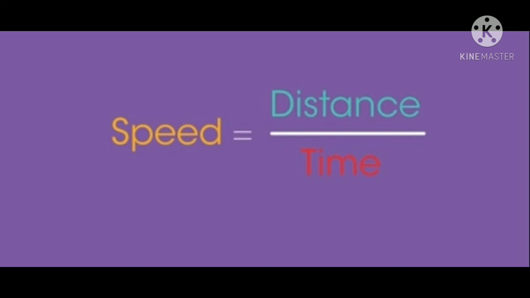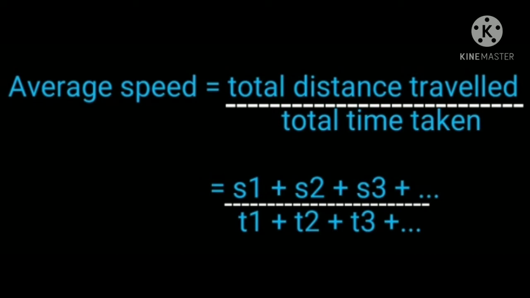The speed of an object need not be constant. In most cases the object will be in non-uniform motion, so we describe the rate of motion of such objects in terms of their average speed. Average speed is calculated using the equation: average speed is equal to total distance traveled divided by total time taken.